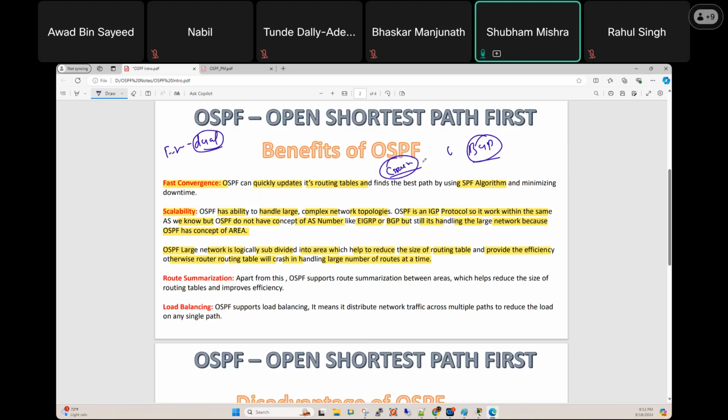One more advantage of OSPF is that OSPF uses the concept of area. OSPF uses which concept, guys? Area concept. What do you mean by area? Any idea, everyone?